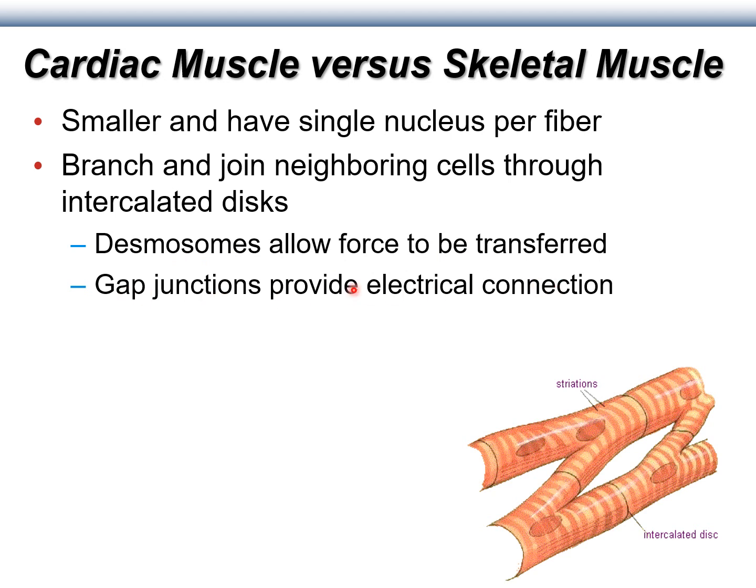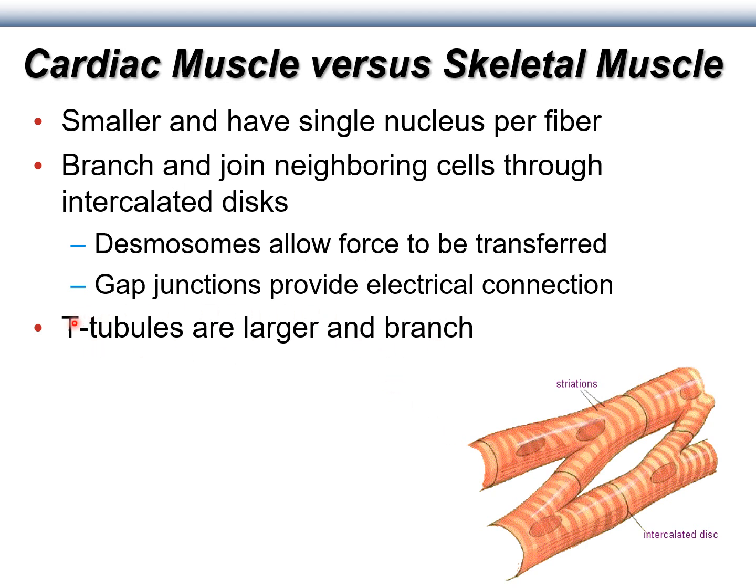Then in those intercalated discs, you also have numerous gap junctions that provide, it says electrical connection, and that's true, but what we're really talking about is calcium, perhaps potassium as well, but calcium's the big one going through these gap junctions. There are more T-tubules.